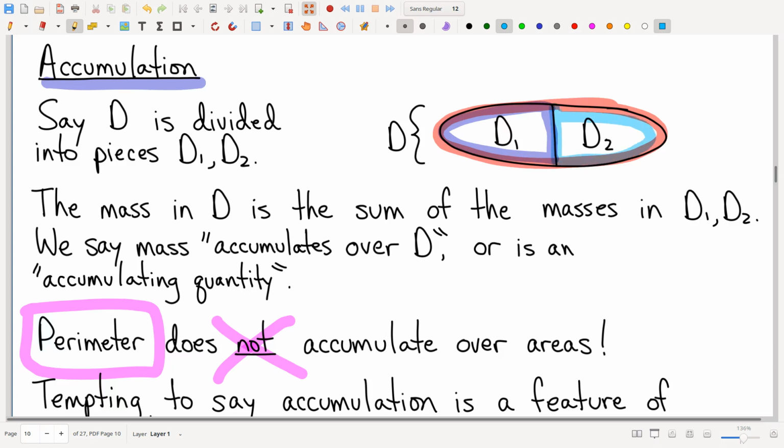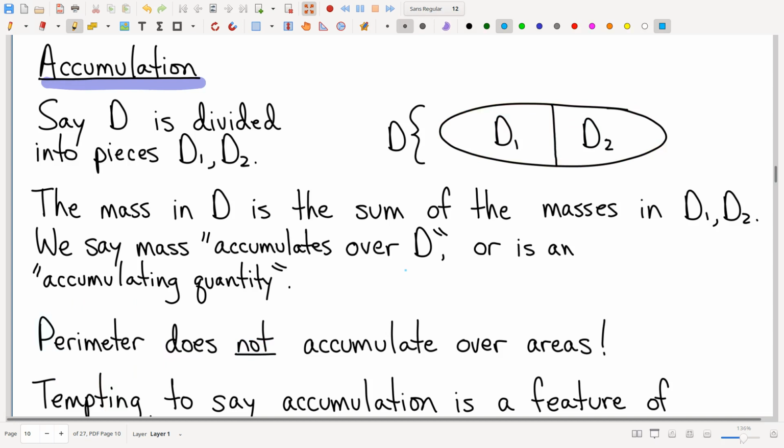There's extra perimeter in the middle here, twice. That's not part of the perimeter of the whole. Right? So you just got to be really, really careful. If you're going to use an integral to compute something, you'd better make sure that quantity you're computing is an accumulating quantity. Mass is. Perimeter is not. Is everybody on board?